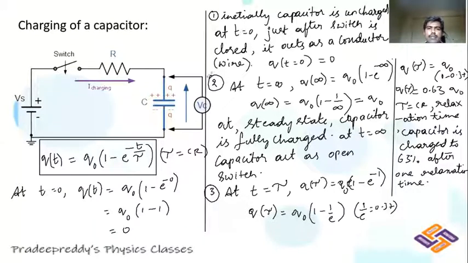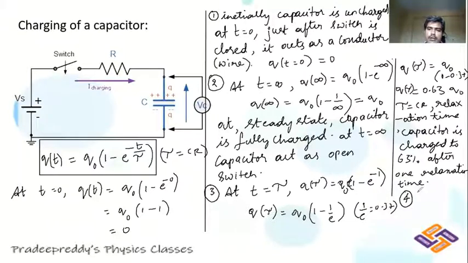At time t is equal to 0, the capacitor acts as a wire. At time t is equal to infinity, the capacitor acts as an open switch. At time t is equal to tau, the capacitor is charged up to 63%. Similarly, you can calculate how much time it takes to get half of its charge filled.